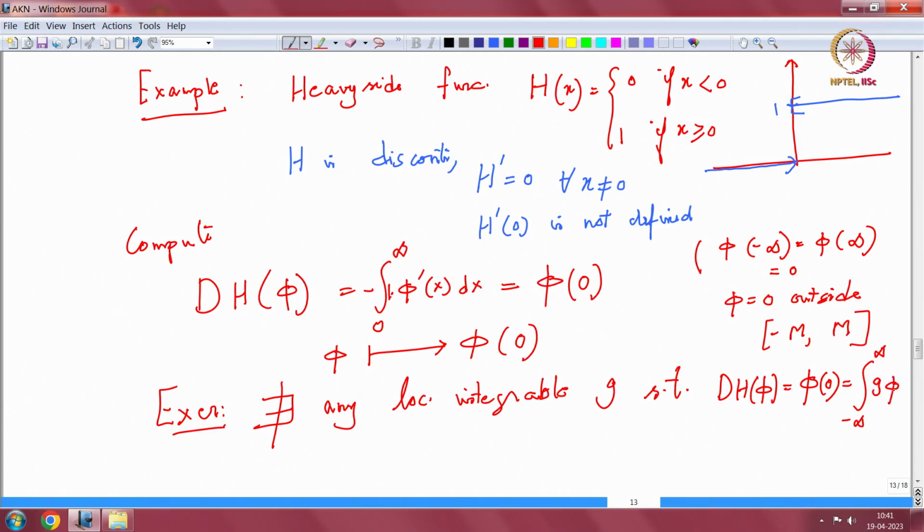Only if such a g exists can you identify this association as g. So, this is a new object now, giving a new association which cannot be realized from a function.